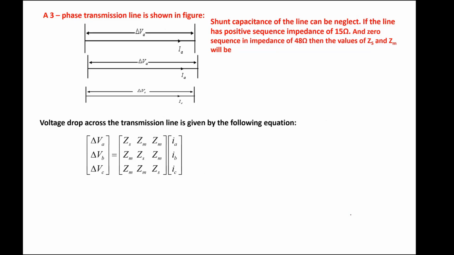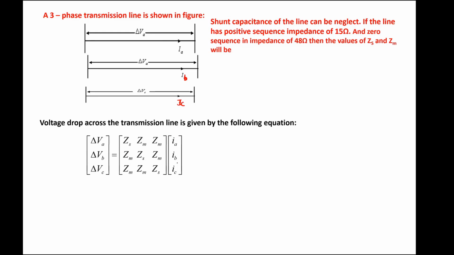Next, see this question and try to answer this one. Here he has given the voltage drops. A three-phase transmission line is as shown in the figure, where the currents are IA, IB, IC. The voltage drops in the transmission lines are given by delta VA, delta VB and delta VC, equal to some matrix into IA, IB, IC.